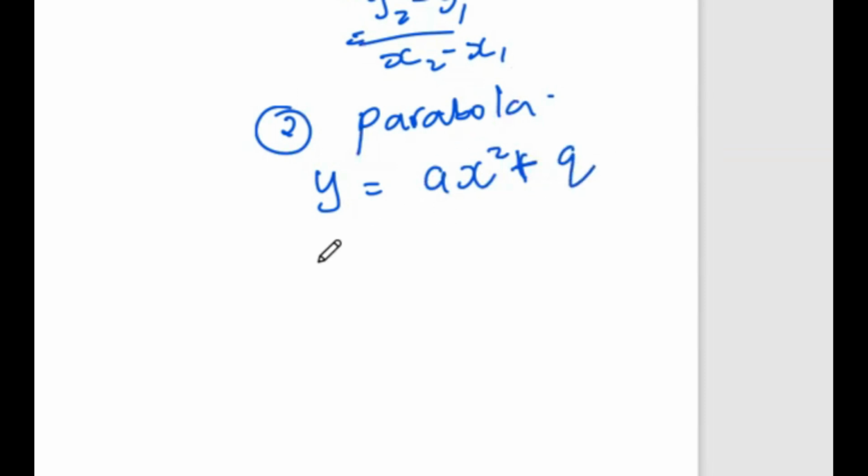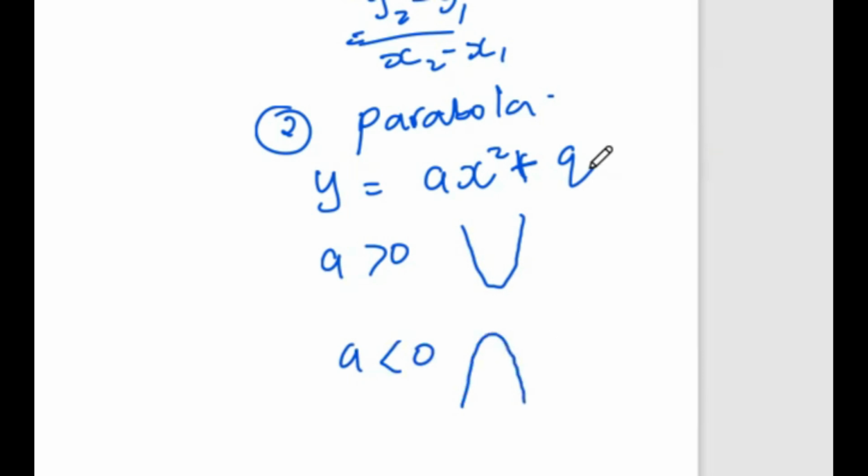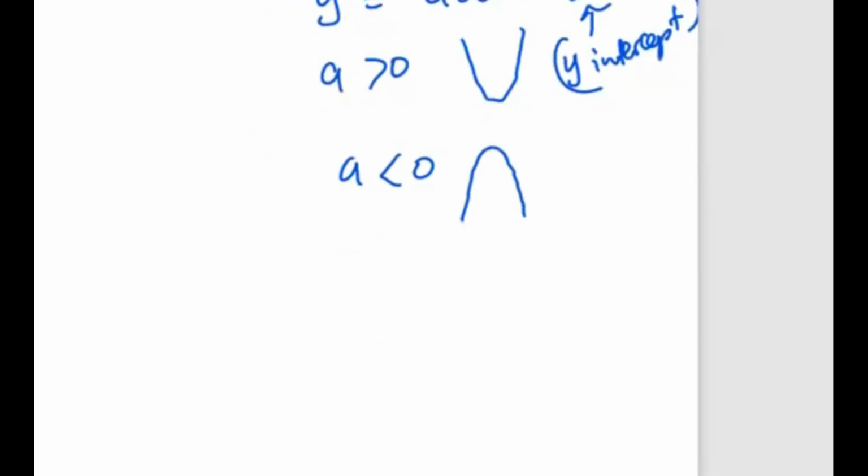Now we know that if our a is positive, we're going to have a smiling parabola. But if our a is negative, we're going to have a frowning parabola. This q represents what we call the y-intercept, the point where the graph is touching the y-axis. Okay, so that is the general form of the parabola.